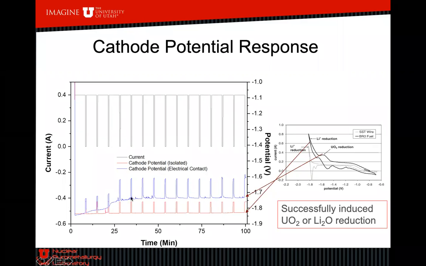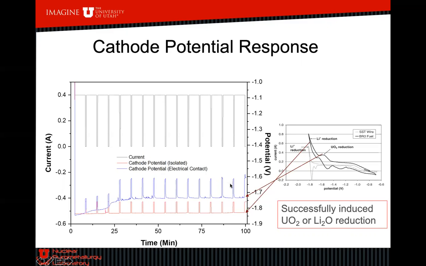And then here, this is the potential of the cathode lead. It's very interesting. Basically, if you put the lead not in contact with UO2, the potential was lower and very steady compared to when it was in contact. And so we draw lines directly to this CV that Steve Herman produced, saying, I think we got it.